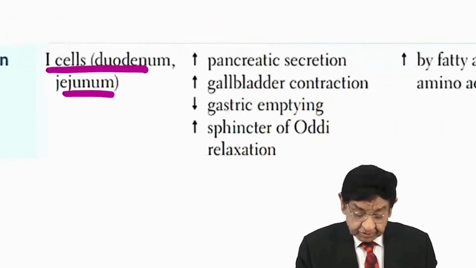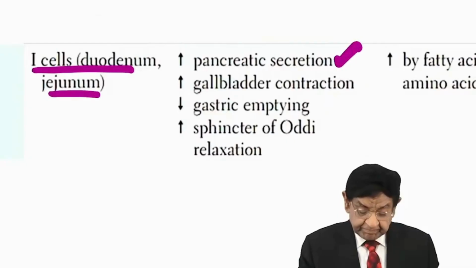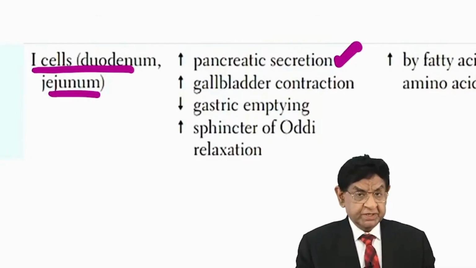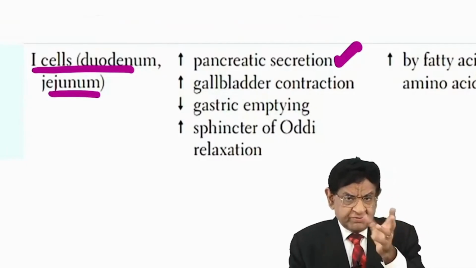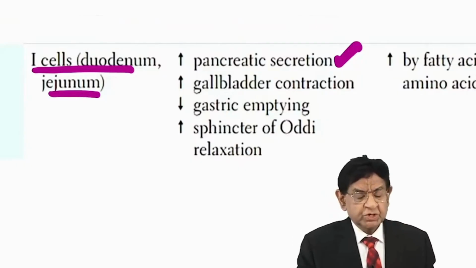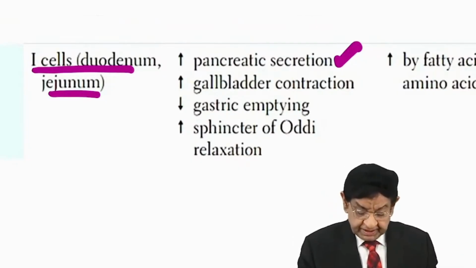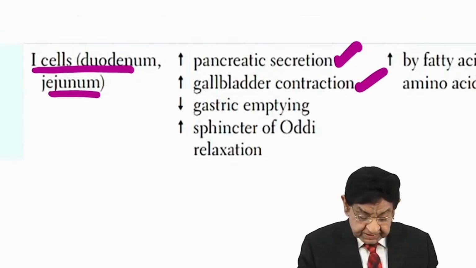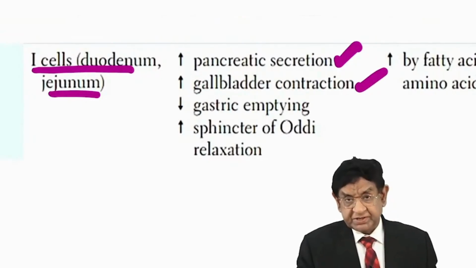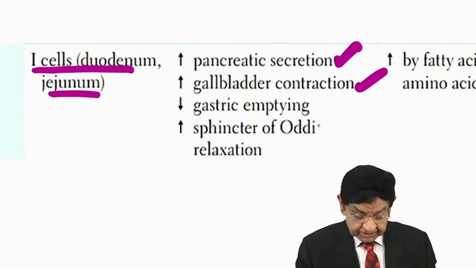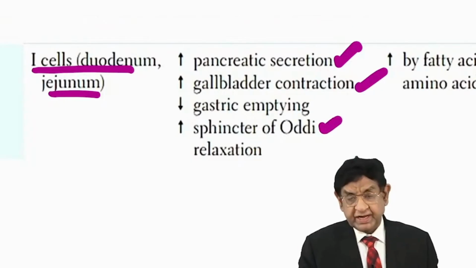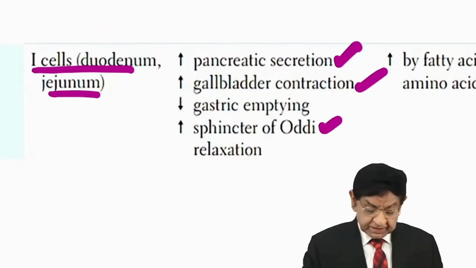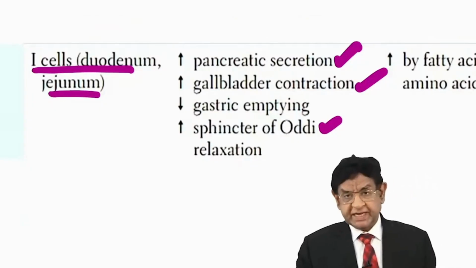It causes increased pancreatic secretion, point to be noted, a reverse action of somatostatin. It causes increased gallbladder contraction, and it causes increased relaxation of the sphincter of Oddi. So by and large, it has all the reverse actions.